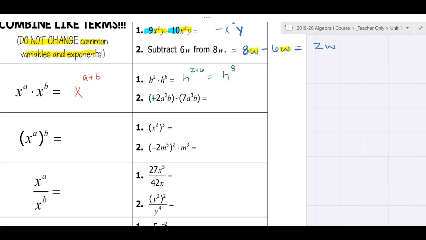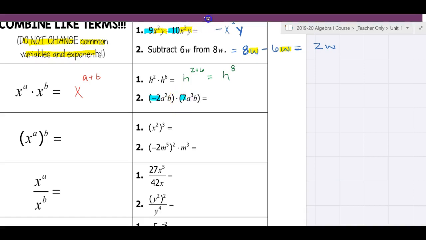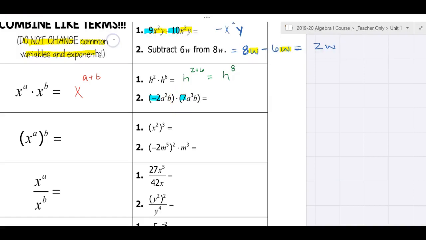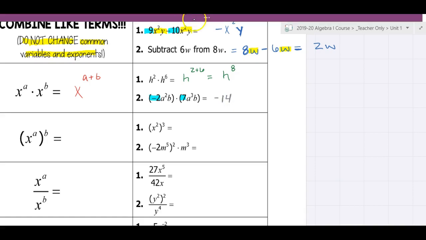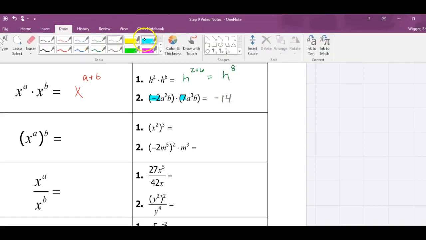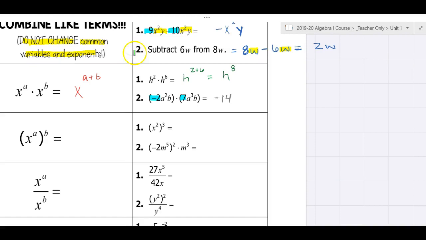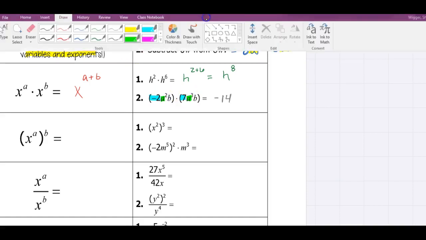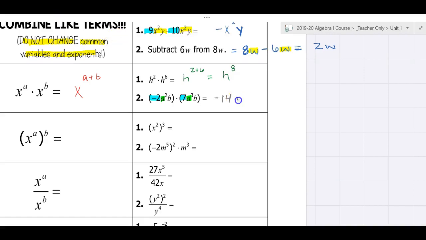When we multiply number 2, we're going to multiply the numbers together. Negative 2 times 7 is negative 14. I have a common base of a times a, so I can multiply the a's together.